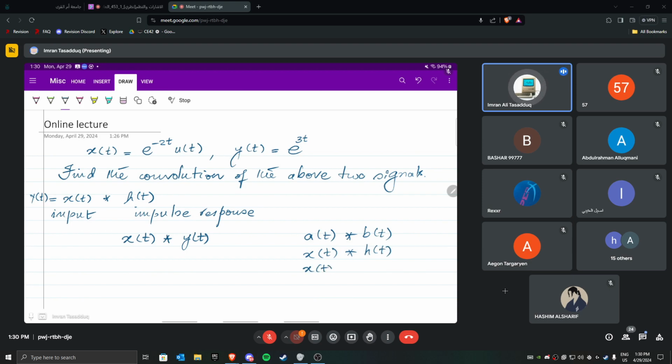Today we have x of t and y of t, so we will convolve these. Just treat these as any two signals. The letter could be anything: x, y, z, w. When he says find the convolution, you take those two signals, use the formula, and find the convolution. Is that clear? Yes. The purpose of this explanation is that you should not expect the convolution to always be between x and h. It could be between x and y, x and z, or anything.